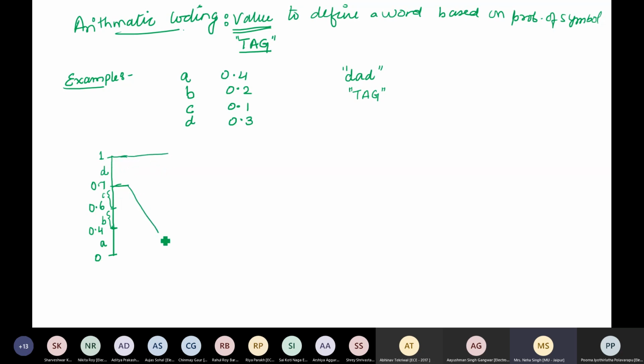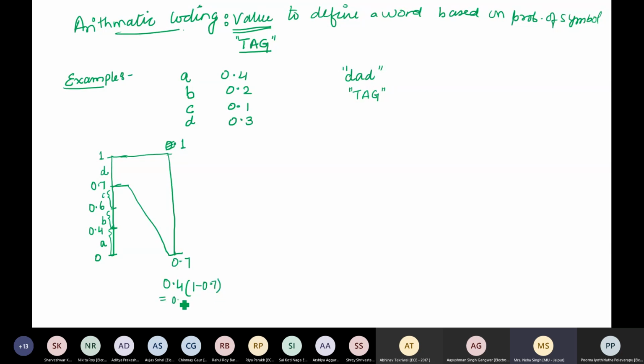So I expand this interval now in the second step. Considering this as the complete interval, this is 0.7, this is 1. Now I divide this entire interval in the same proportion as I had the original interval. So the first division is 0.4 of the difference 1 minus 0.7.